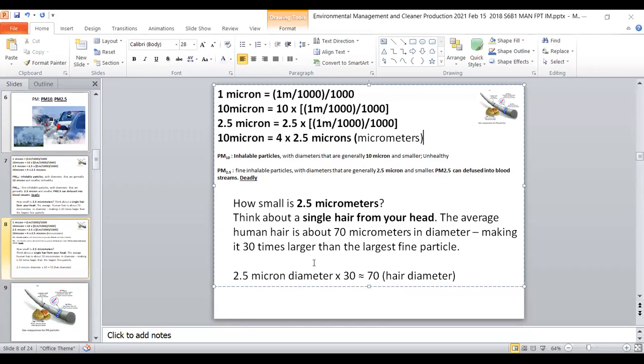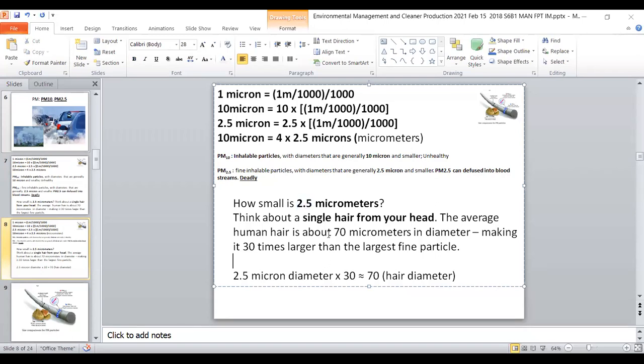The average human hair is 70 microns in diameter, making it 30 times larger than the largest fine particle, which is 2.5.